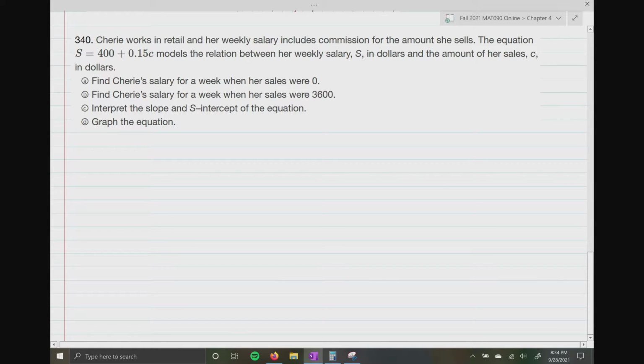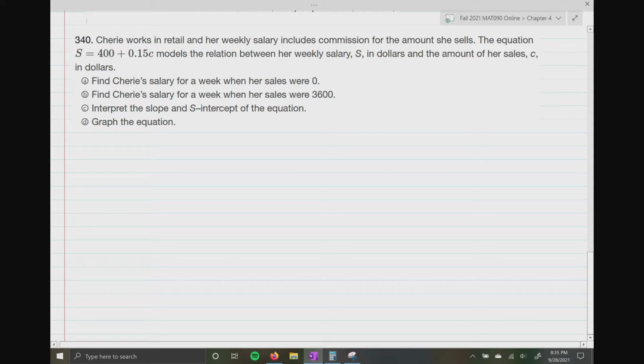All right, so the next problem here is Sherry, I think that's how you pronounce it. Sherry works in retail, and her weekly salary includes commission for the amount she sells. The equation S equals 400 plus 0.15C models the relation between her weekly salary S in dollars and the amount of her sales C in dollars. So part A, let's find Sherry's salary for a week when her sales are 0.